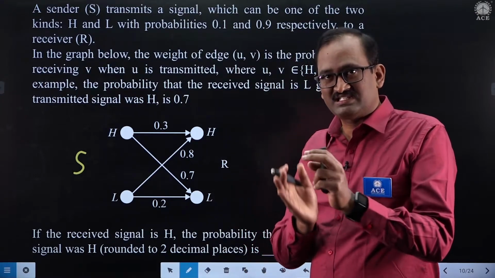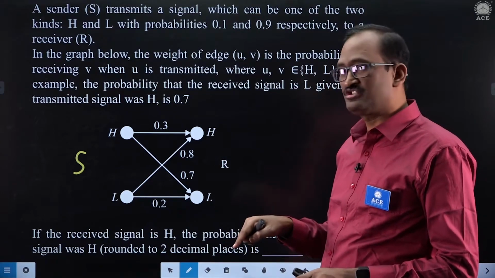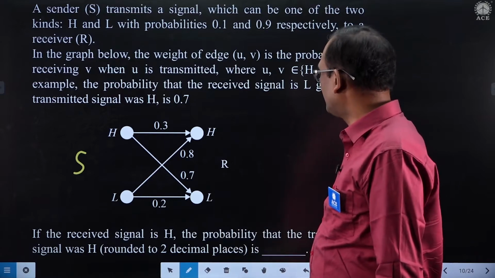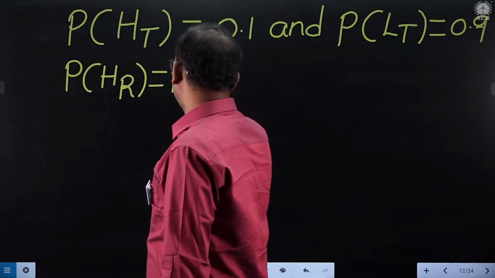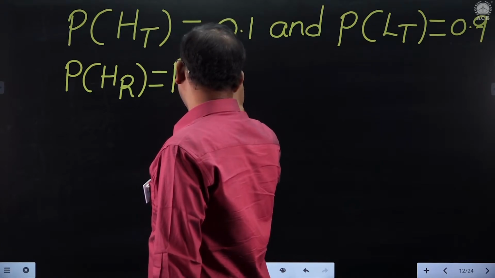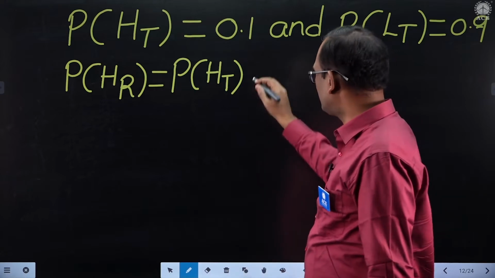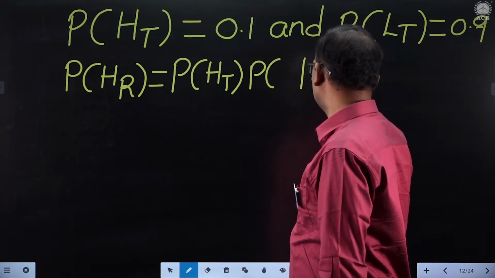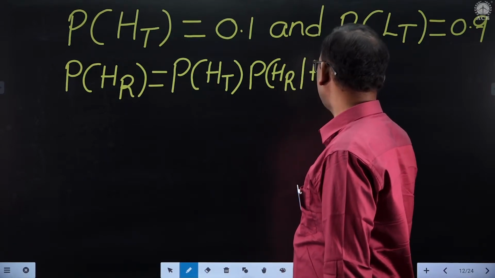First of all, signal H is transmitted. After signal H is transmitted, then it should be received as H. Let me write. First of all, H signal must be transmitted. After transmitting H signal, then it should be received as H.